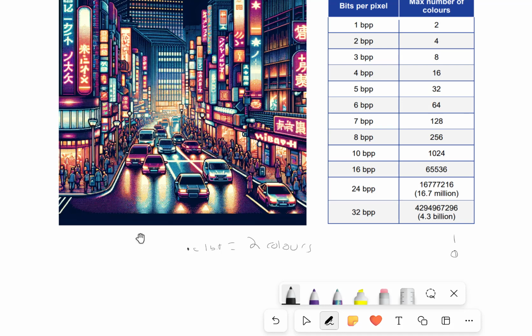So normally that's going to be black or white. So a 1-bit pixel would be used for either black or white. Let's imagine that we then had a 2-bit pixel. That's going to store us 4 colors. Why? Well, 1, 2, now.